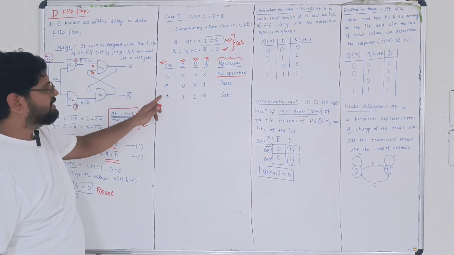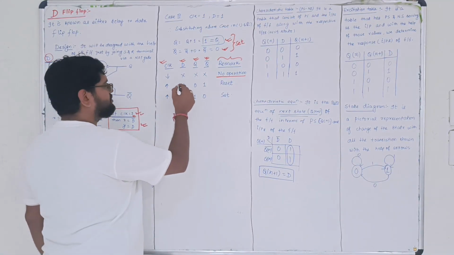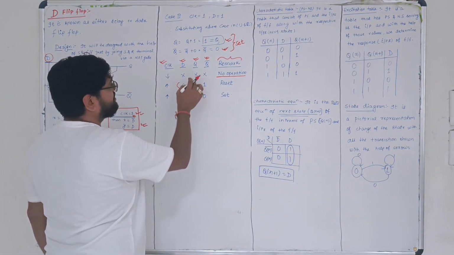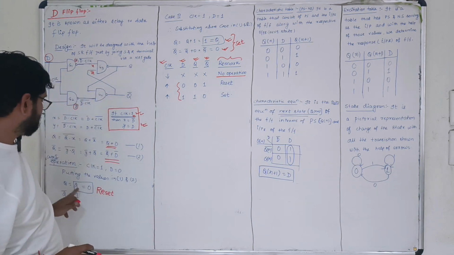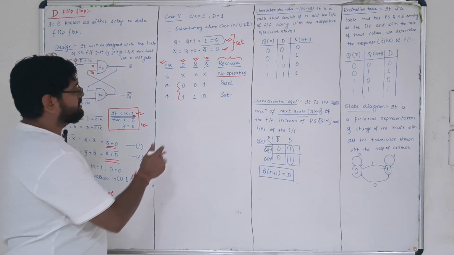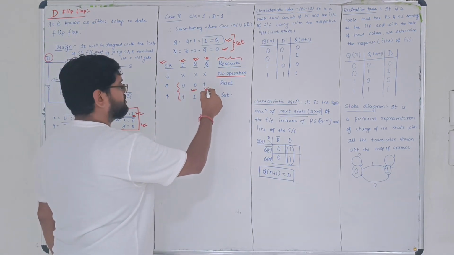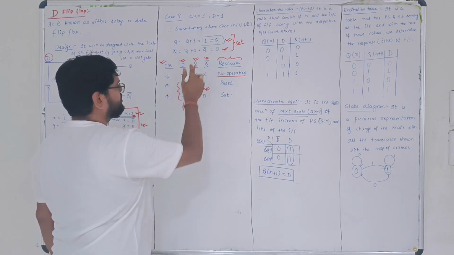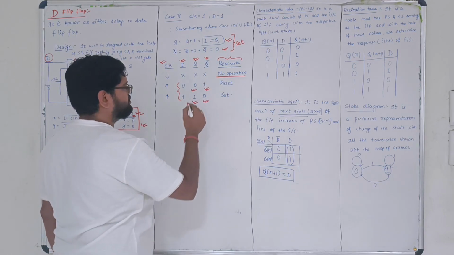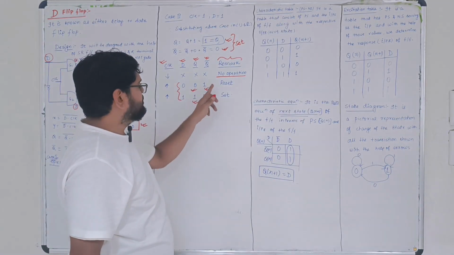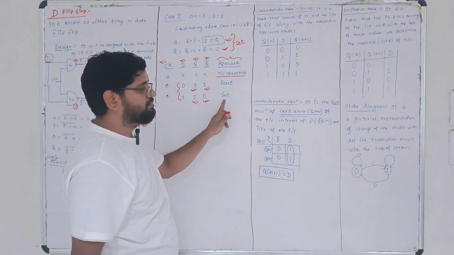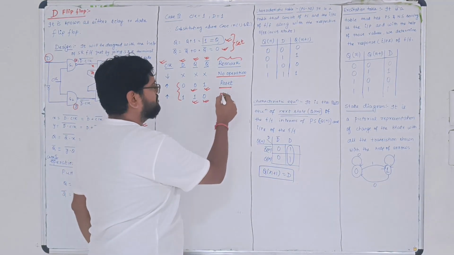Once the clock signal is high, that is 1, there are two cases of input, that is 0 and 1. When D is 0, we get Q as 0 and Q bar equals 1. When D is 1, we get Q equals 1 and Q bar equals 0. Output 0 means reset, output 1 means set. So that is your remark.